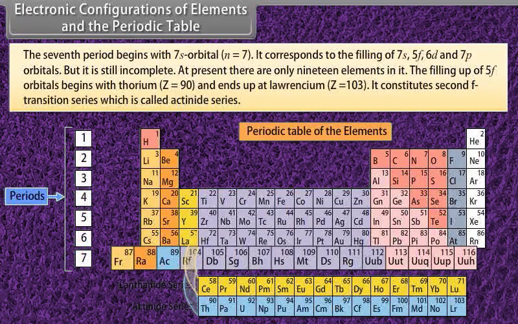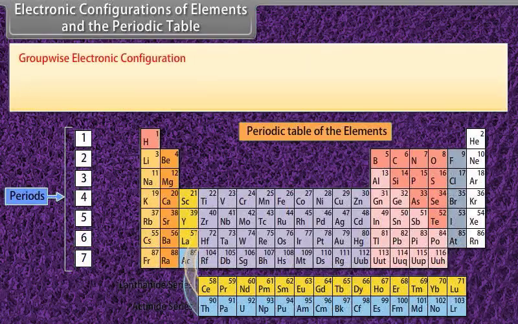It corresponds to the filling of 7s, 5f, 6d and 7p orbitals, but it is still incomplete. At present, there are only 19 elements in it. The filling up of 5f orbitals begins with thorium, atomic number = 90, and ends at lawrencium, atomic number = 103. It constitutes the second f transition series, which is called the actinide series.